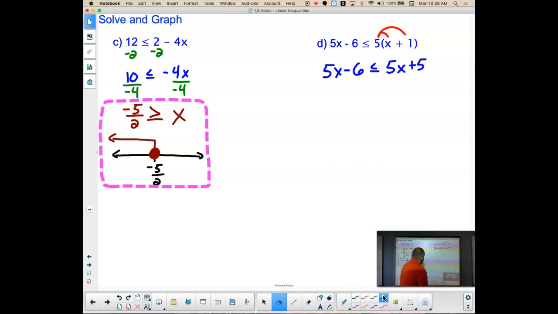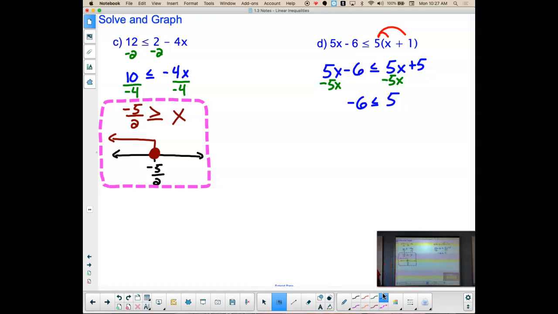Subtracting 5x from both sides, I get -6 is less than or equal to 5. Whoa, what happened to my x's? They're all gone.